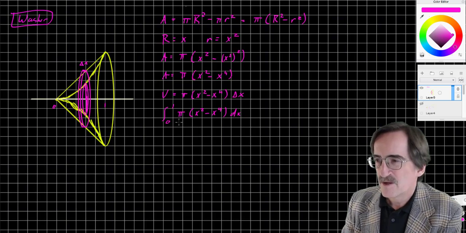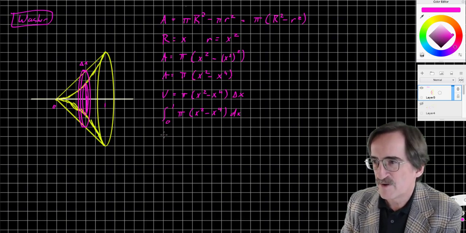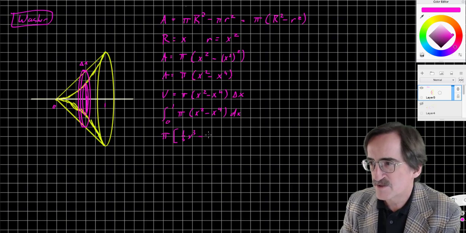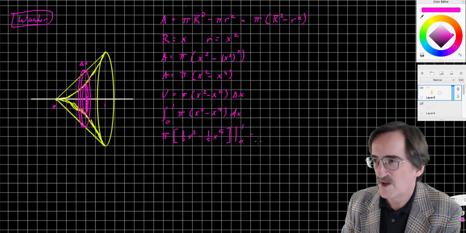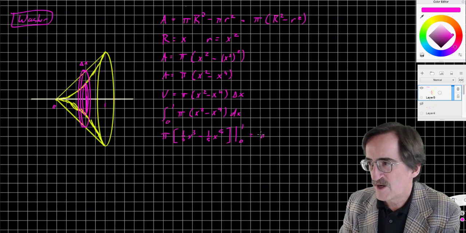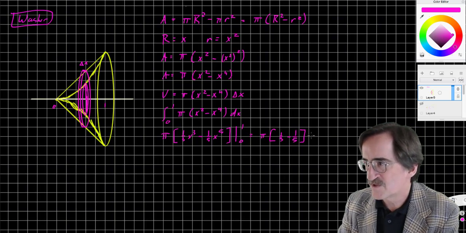Okay? Well, let's go ahead and evaluate this. Separate the pi out. 1/3 x cubed minus 1/5 x to the fifth from 0 to 1. Not too bad. This is pi times 1/3 minus 1/5. Insert 0, you get 0. So 1/3 minus 1/5. So 5 minus 3 is 2/15. So 2 pi over 15.